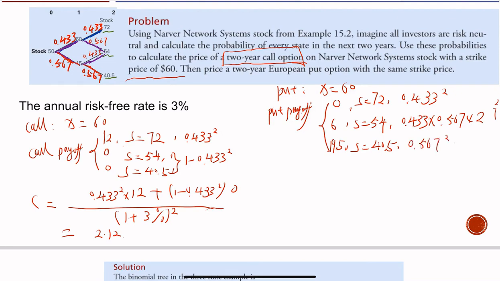0.567 squared. And now after getting these risk neutral probabilities, it would be very easy to find the price of the put, right?